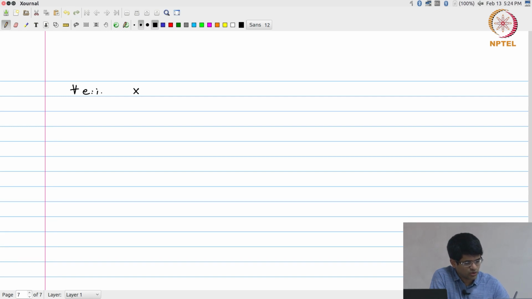Let's say the edge goes from some node i to j. Xj must be greater than or equal to xi plus di minus nij times t, where nij is the number of token delays present on the edge between i to j.